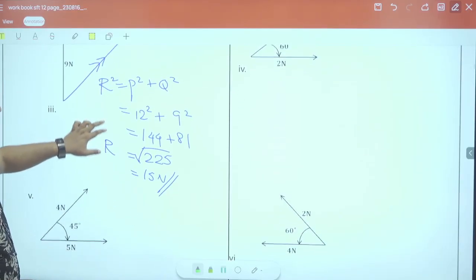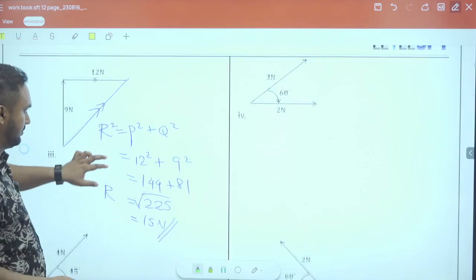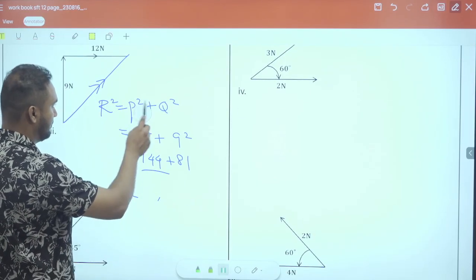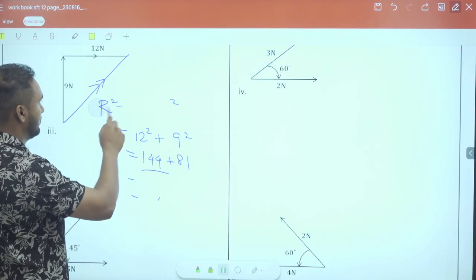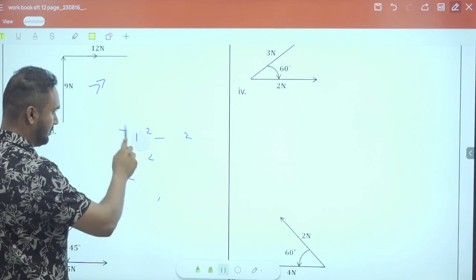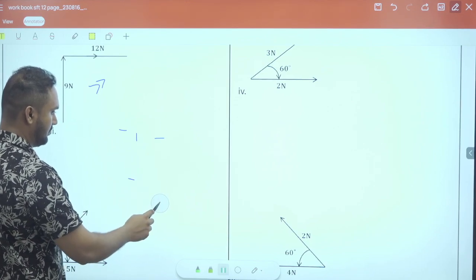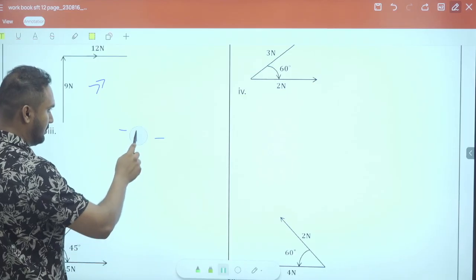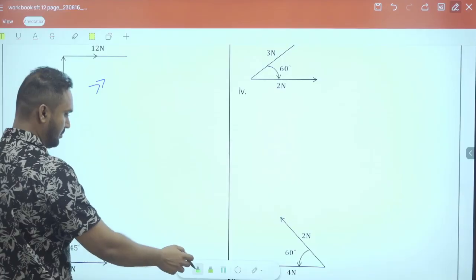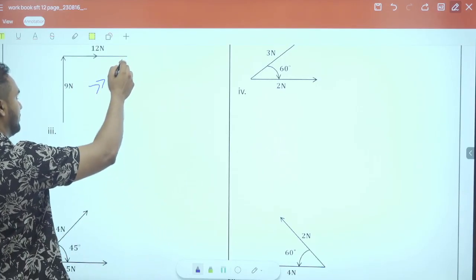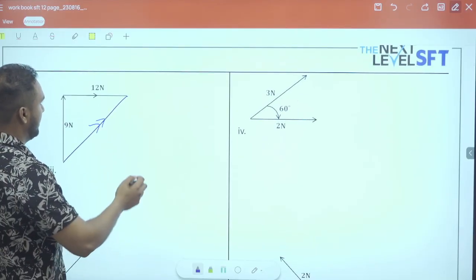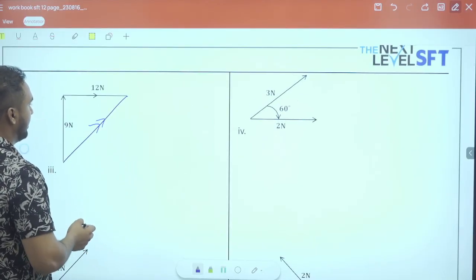How do you find the tan theta here? I shall erase this for a second. Right?